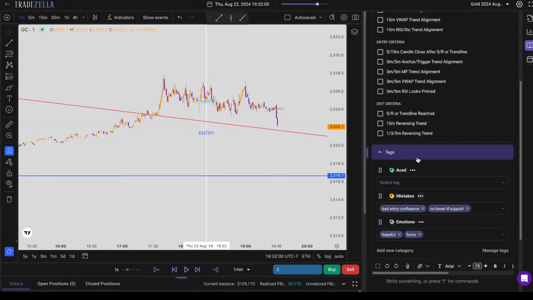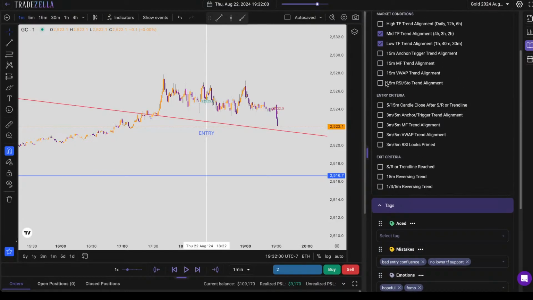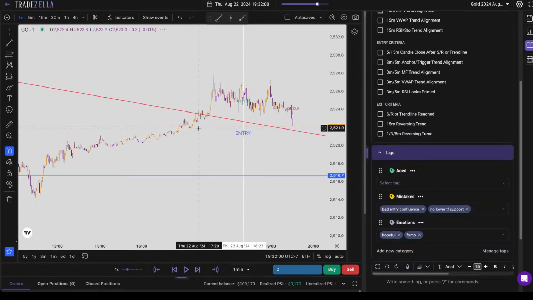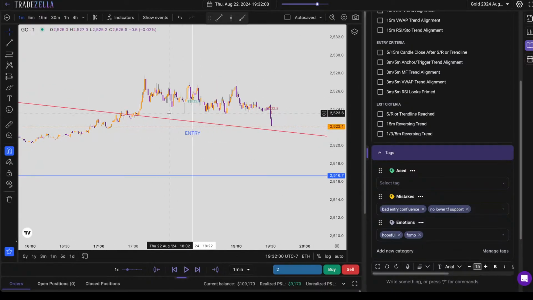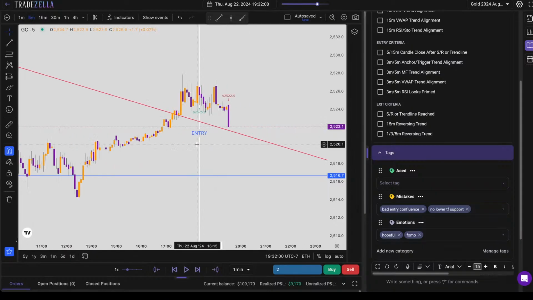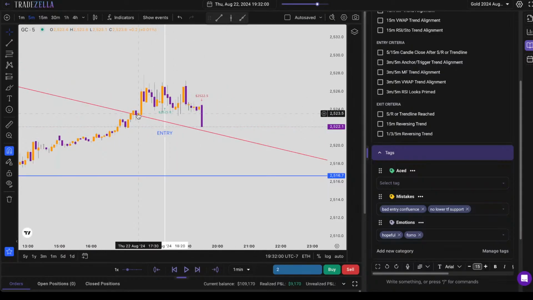So this is good. We totally ignored our 15-minute. And we did our entry criteria. Did we wait for a close after a support? Yeah. But a day late and a few dollars short, like, look at this. Yeah, this was designed to trap you.